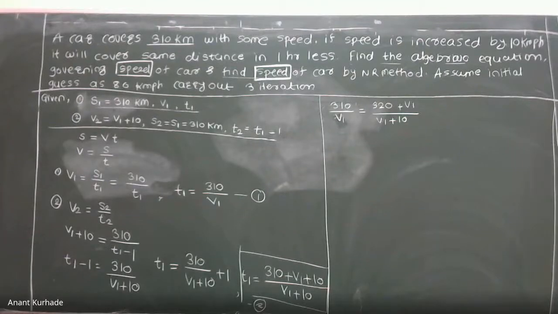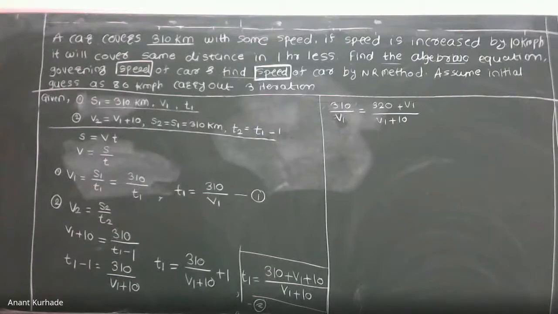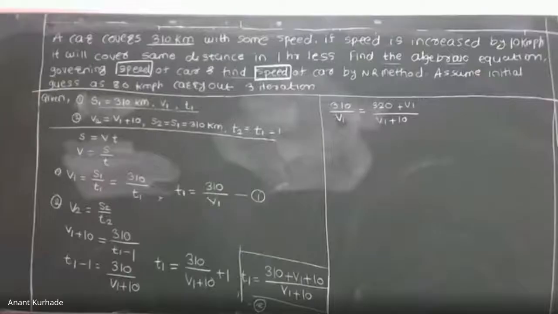What is that equation? V1 square plus 10 V1 minus 3100 equal to 0.